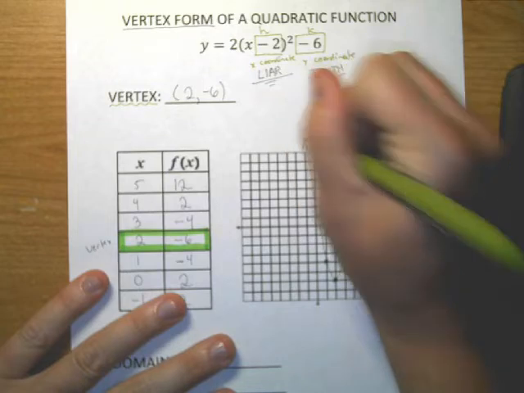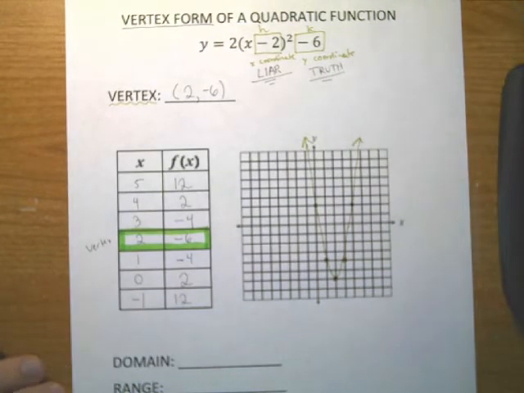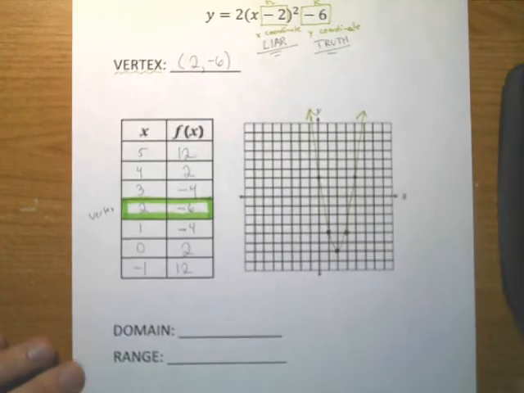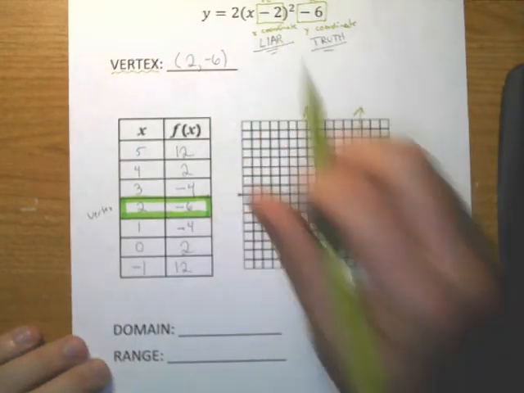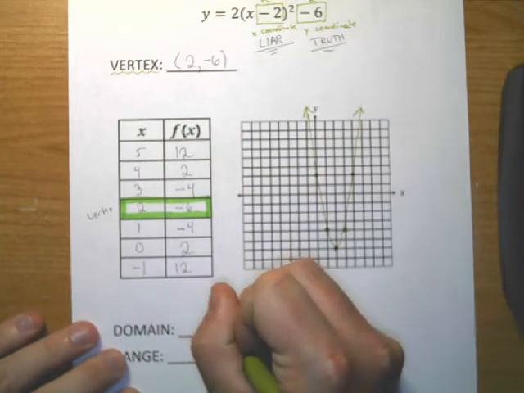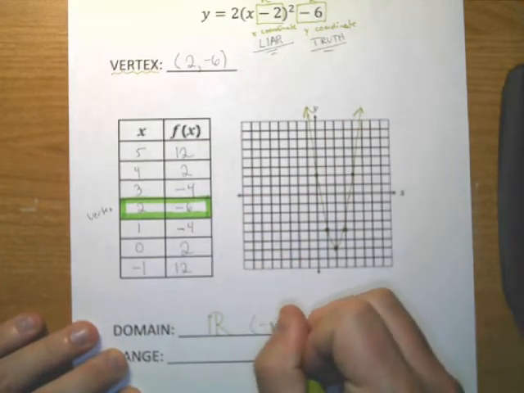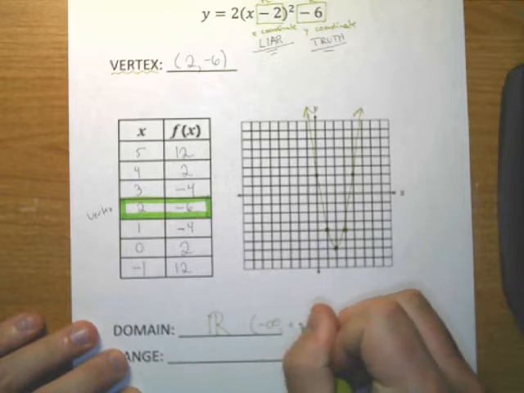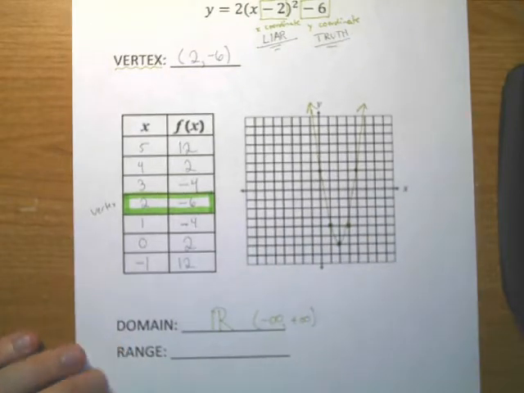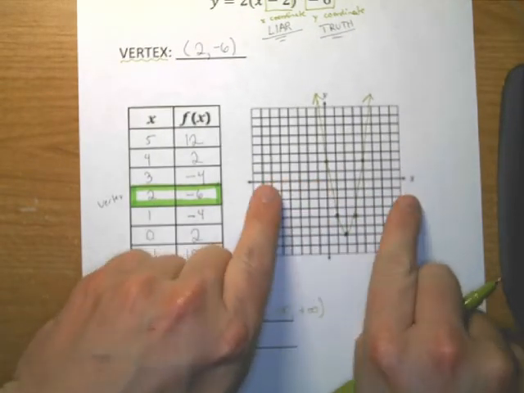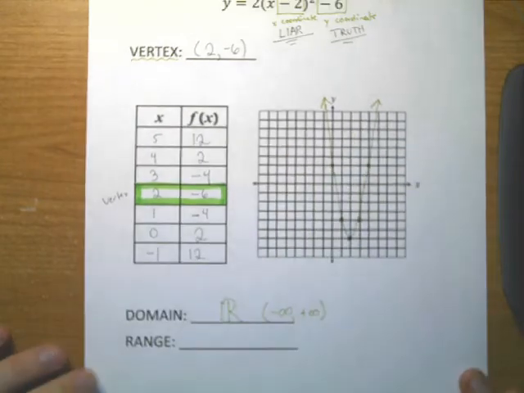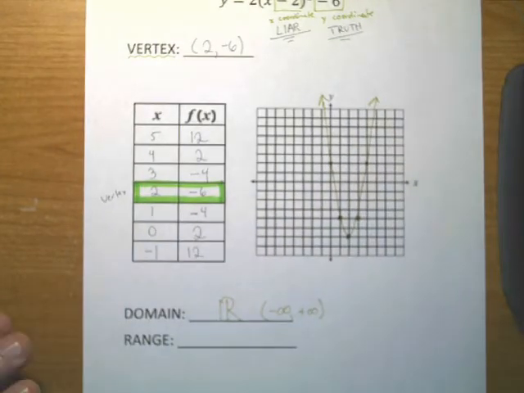Going through your points. Now our domain for quadratic functions will always be all real numbers, also known as negative infinity to positive infinity, because every x value spits out an answer. Now, range is a whole different story.